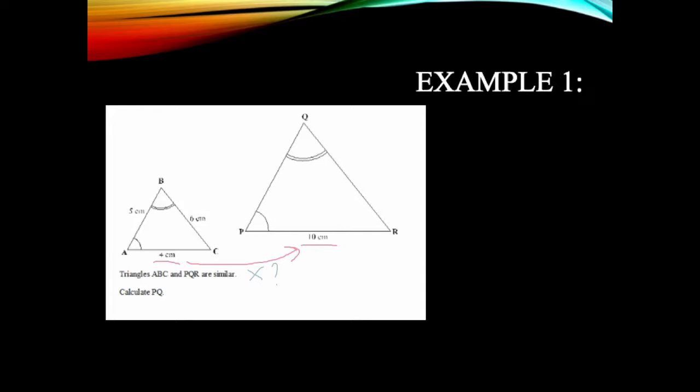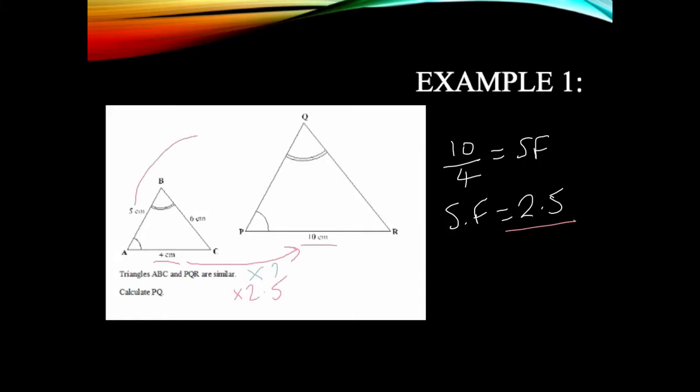To work that out we can do the sum 10 divided by 4, that will tell us what our scale factor is. Now 4 goes into 10 2.5 times, so our scale factor is 2.5. That means that each side has been multiplied by 2.5. Let's just check. 4 times 2.5 is in fact 10.